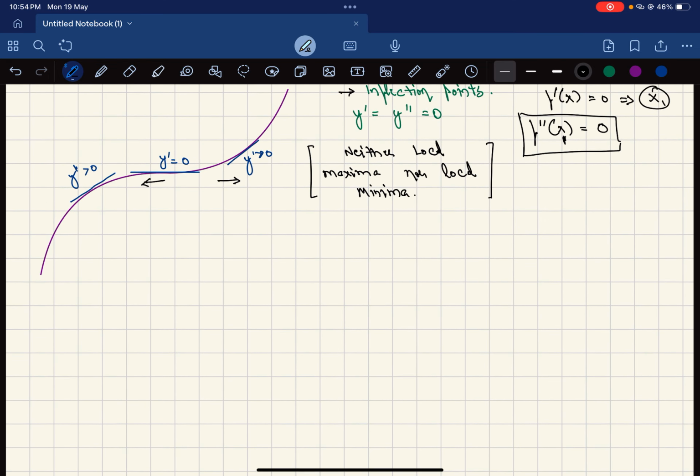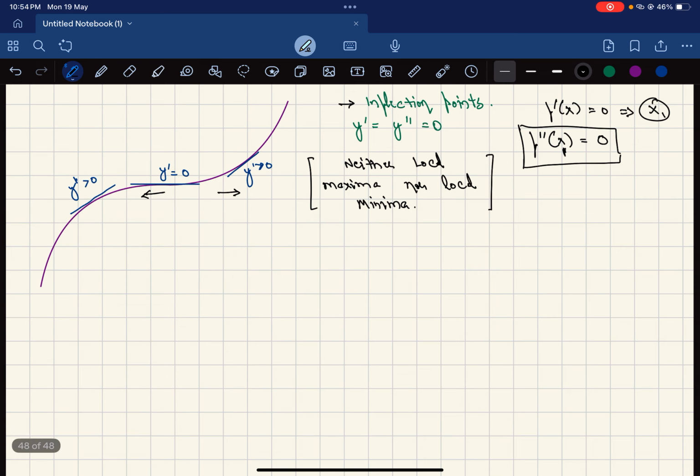Now although we have seen how we calculate the local maxima and local minima, why do we actually need this theory, and why would it be used in something like machine learning algorithms? So in machine learning algorithms, what we normally encounter is something called an optimization function.